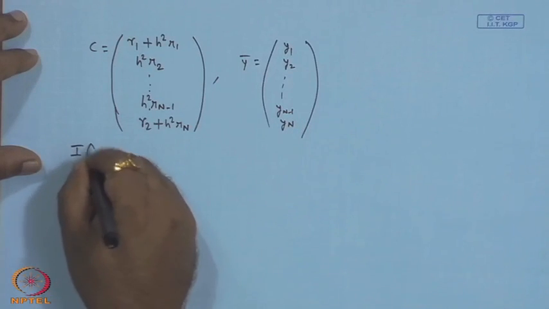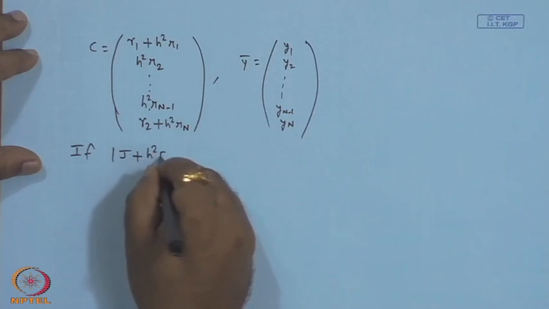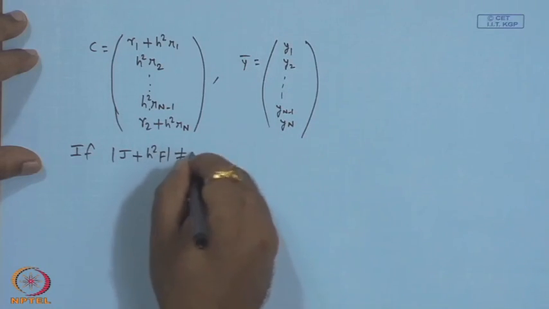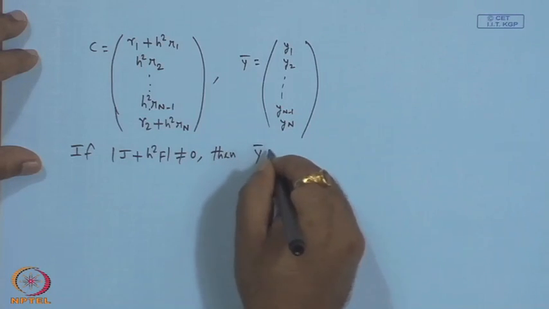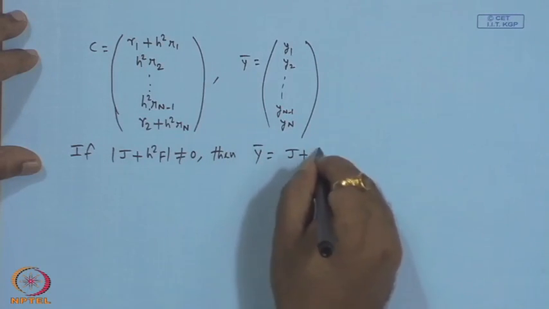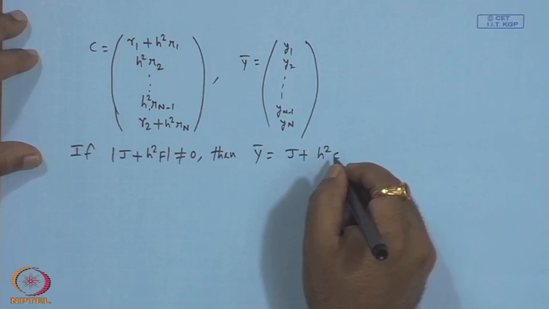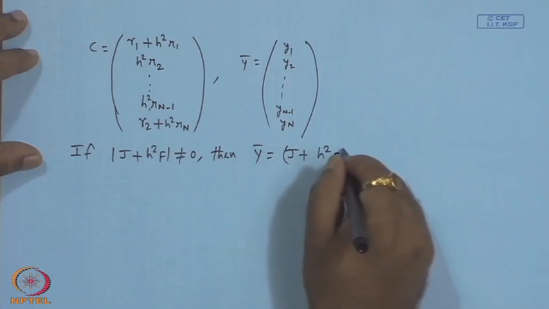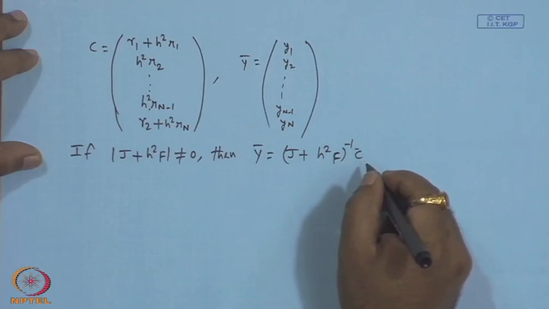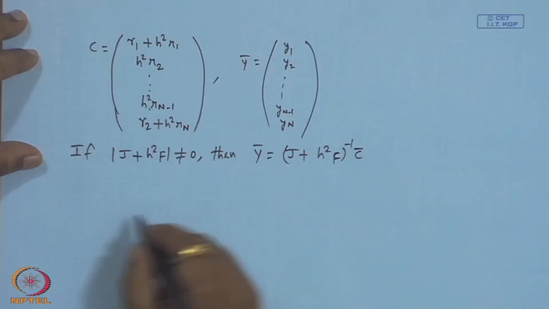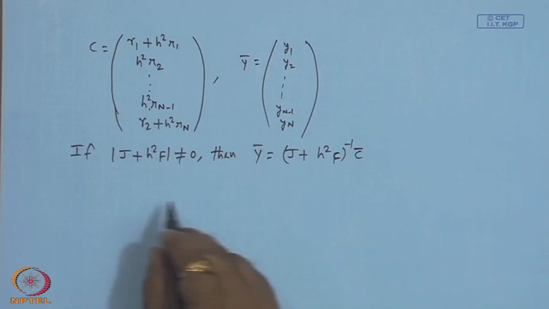So, if the determinant is non-zero, then y equals to, that means J is invertible, J inverse C, okay, and we get the solution from the tridiagonal system.